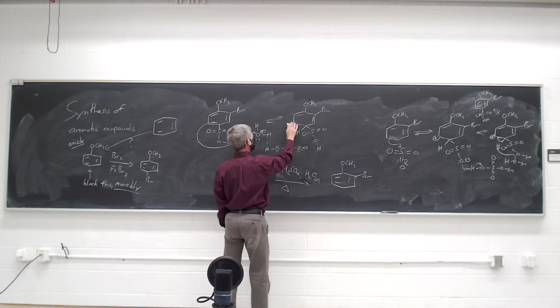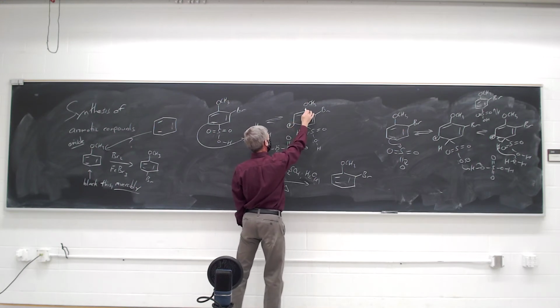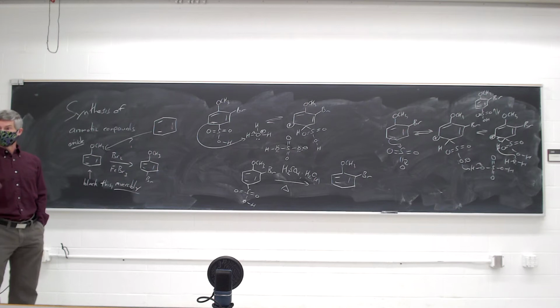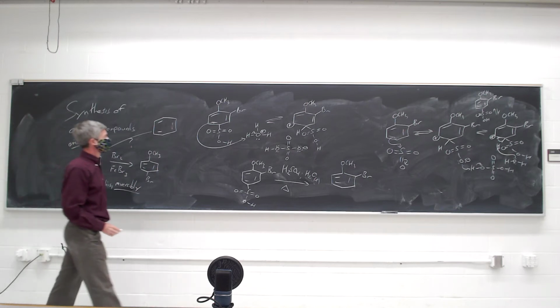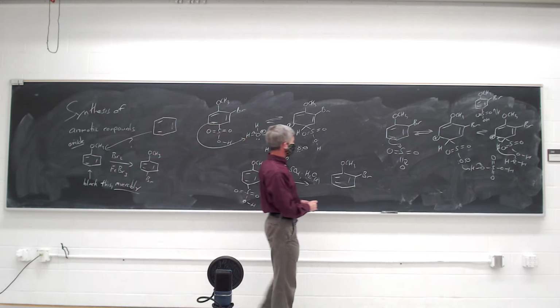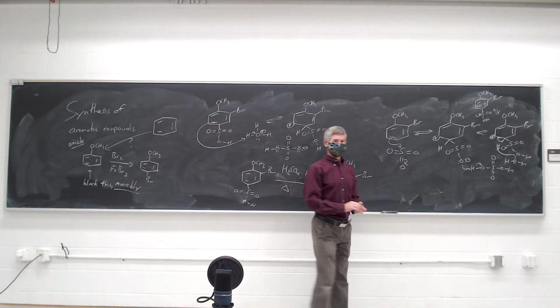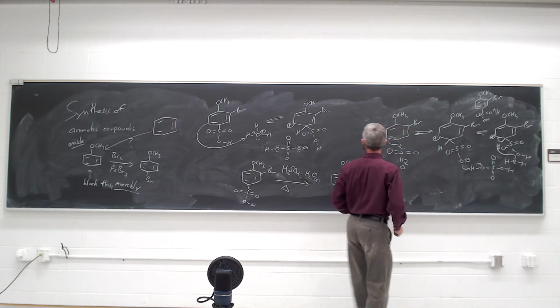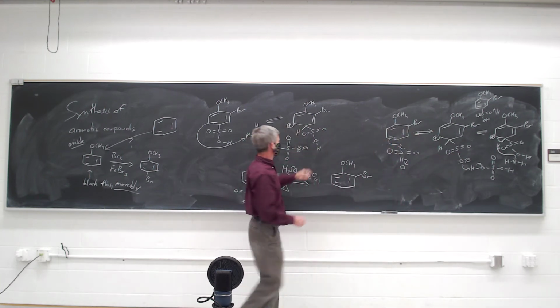And it likes this intermediate, right, because there's a resonance structure that puts the positive charge on that carbon that's attached to the methoxy group. So that's a favorable position of attack. So now what? What's the next step? Well, we have to go through this intermediate. So the next step has to be to remove that proton.